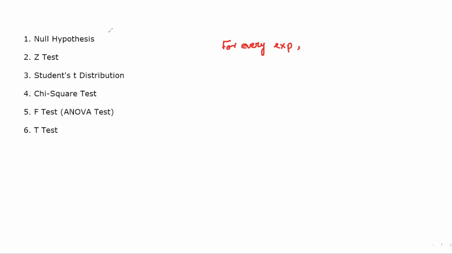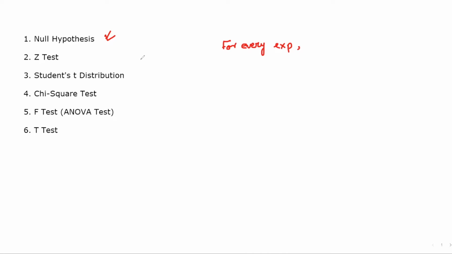And that is nothing but we take it as null hypothesis. And then we also have an alternate hypothesis, meaning if the null hypothesis is not true, then we will refer that the alternate hypothesis is true, and then we will conclude our experiment in that way.